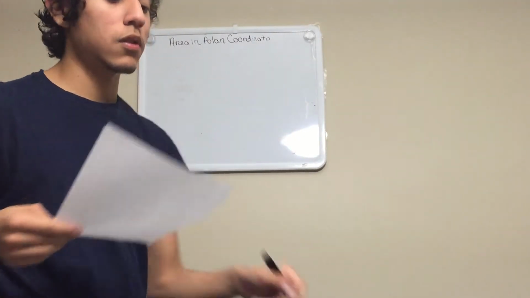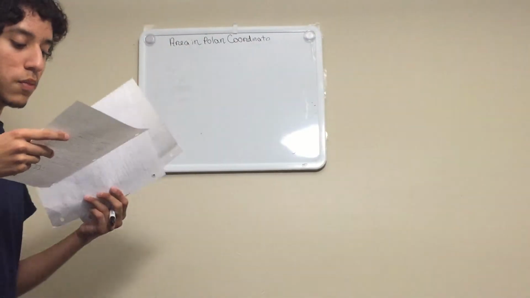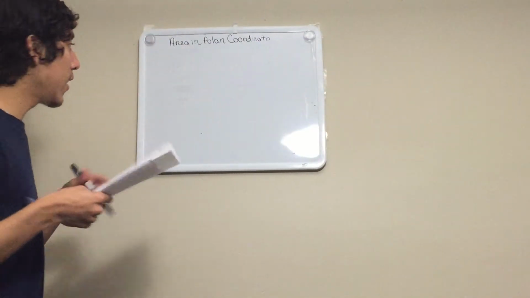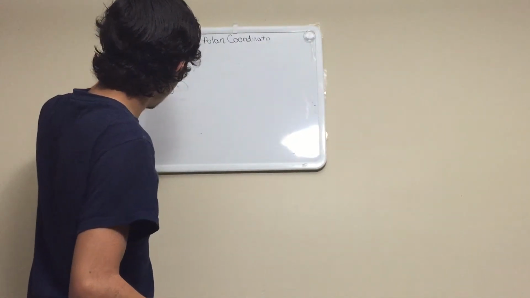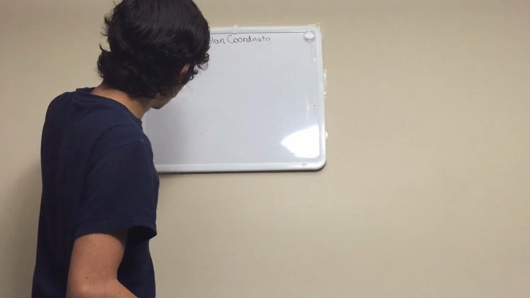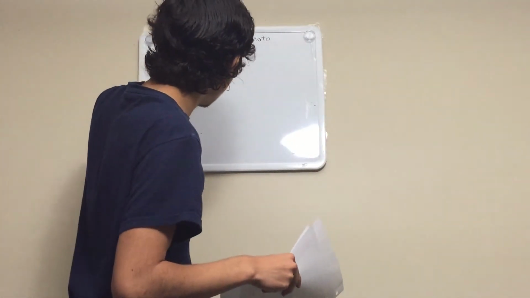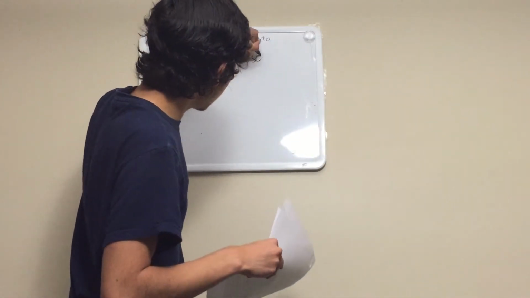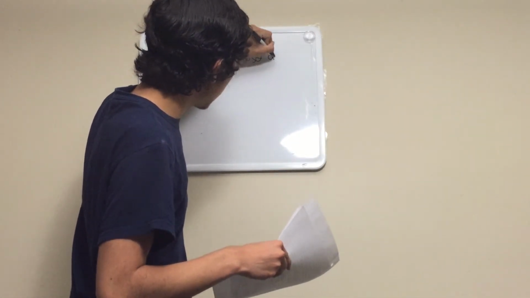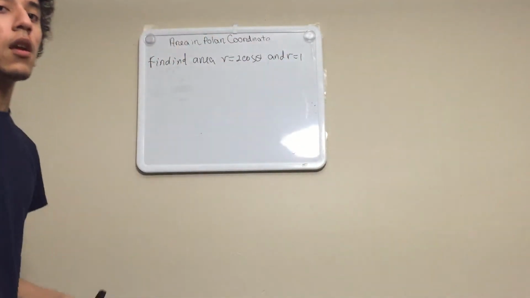Okay, so our next example is going to be finding the area of r = 2 cosine theta and r = 1.